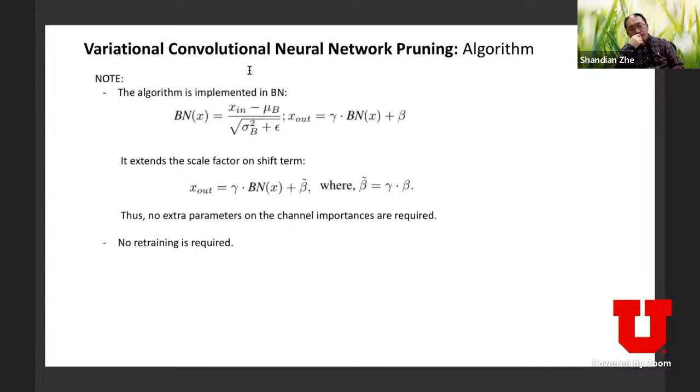Okay. So this is only an implementation trick, I think. Yeah, this is like group lasso. You put L1 on all the outputs of that channel, but here you just multiply a scaling factor gamma, and for all the outputs in one channel, you multiply them together with gamma and add beta.